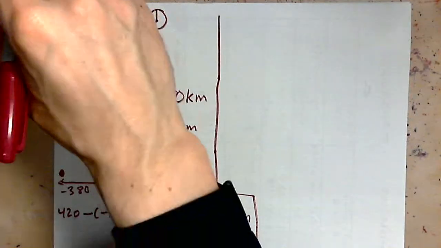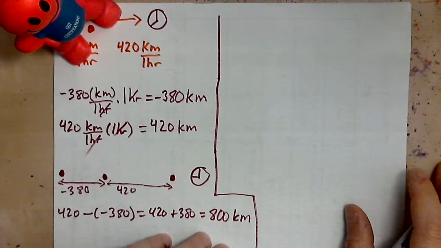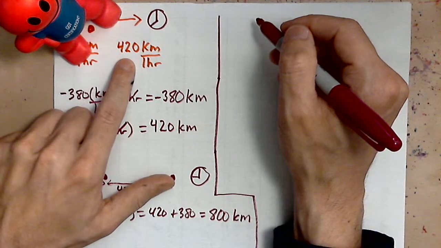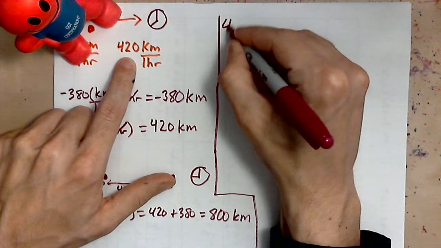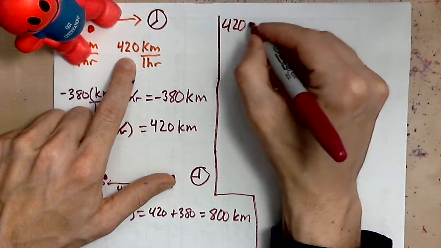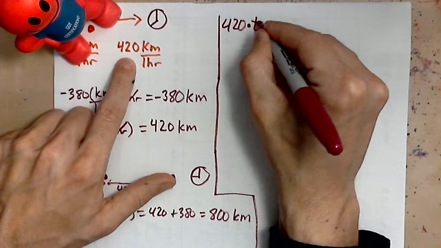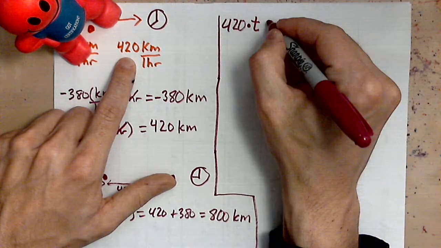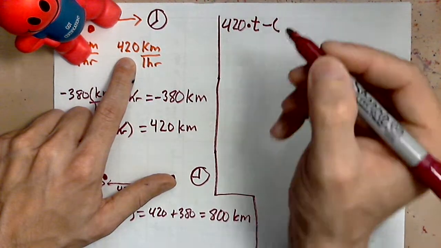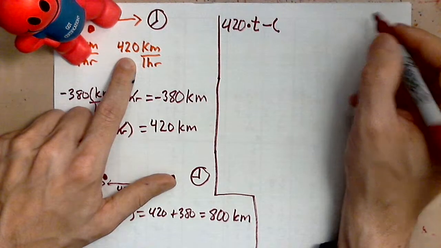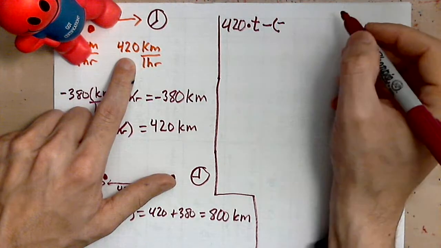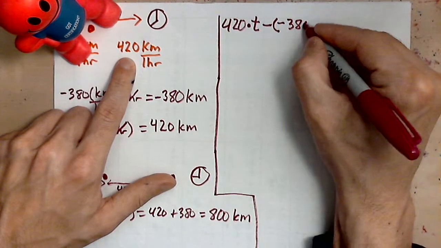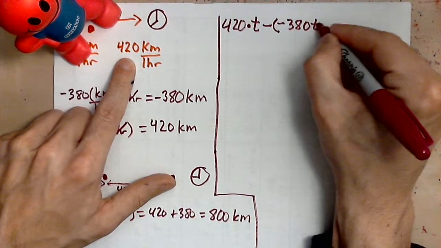And the second step of it is this. You will take the distance traveled by the guy going to the right or east, that's 420 kilometers per hour, times t hours. You will add to this, or subtract from it rather, if you want to think of it that way, the negative 380 times t.